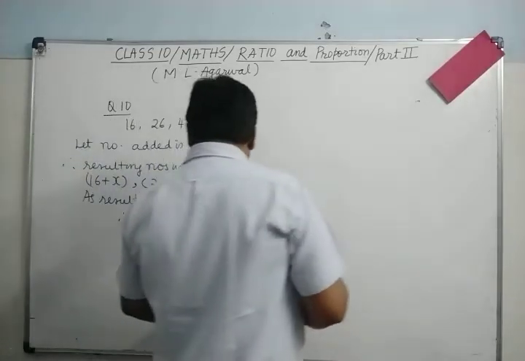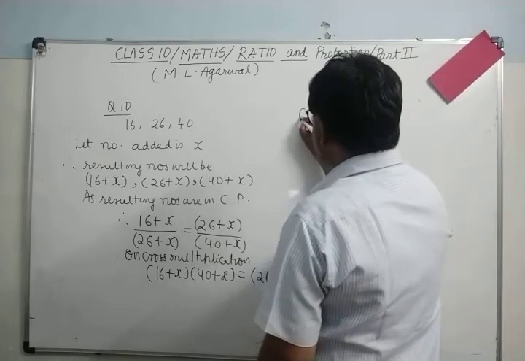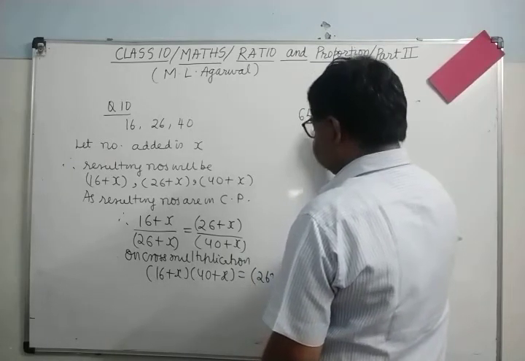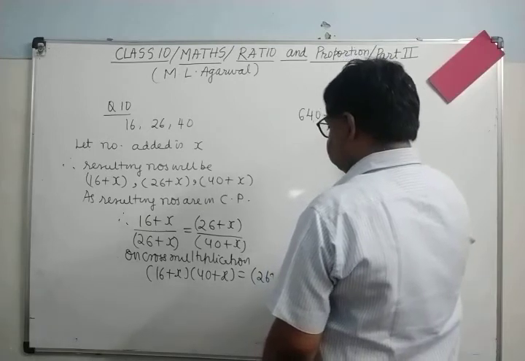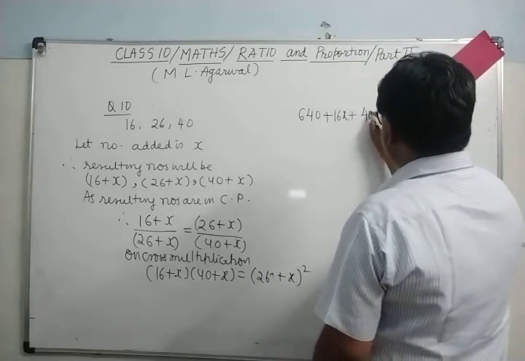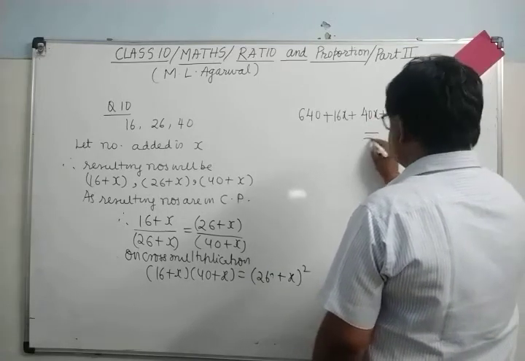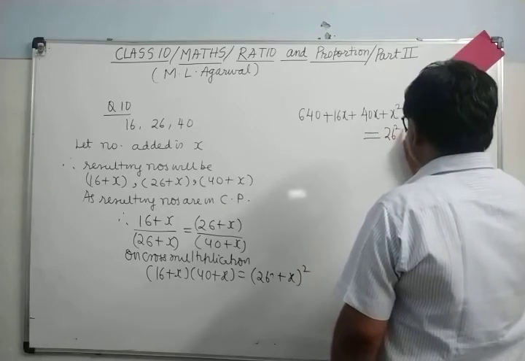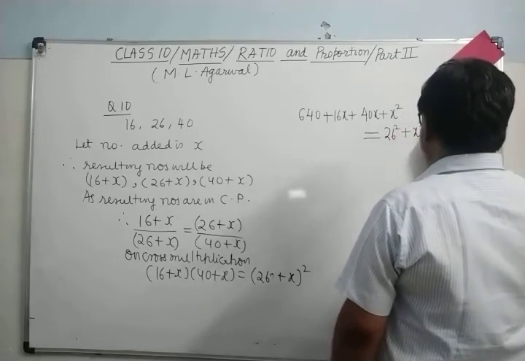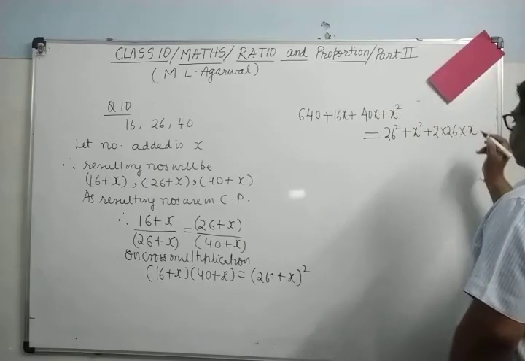So when you open this product, 16 into 40 equals 640. It's clear? Plus 16x plus 40x plus x square equals 26 plus x whole square, which is 26 square plus x square plus 2 into 26 into x.